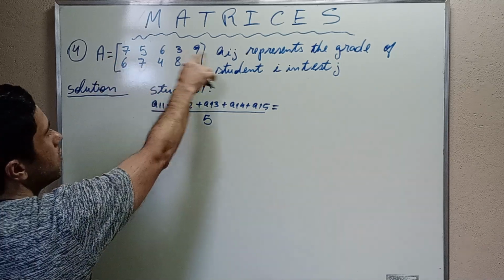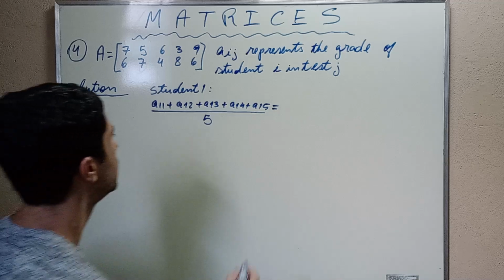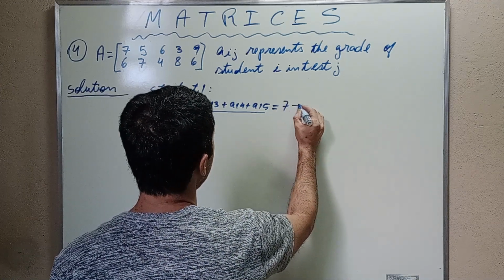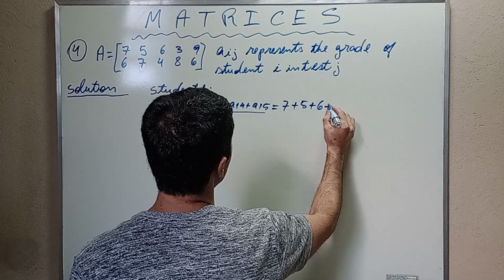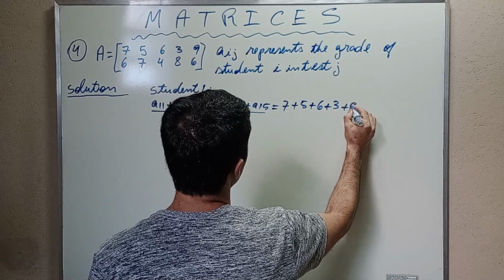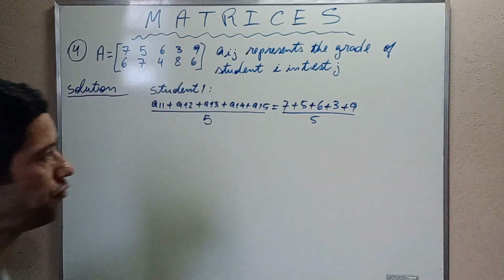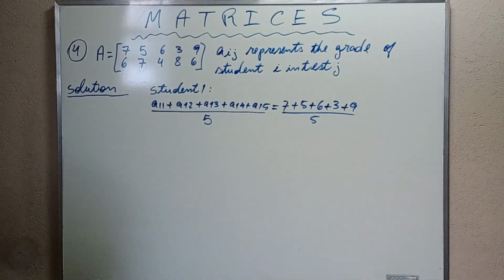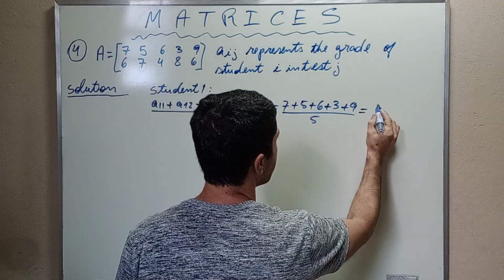We sum the entries of the first row: 7 plus 5 plus 6 plus 3 plus 9, divided by 5. And this average is 6.